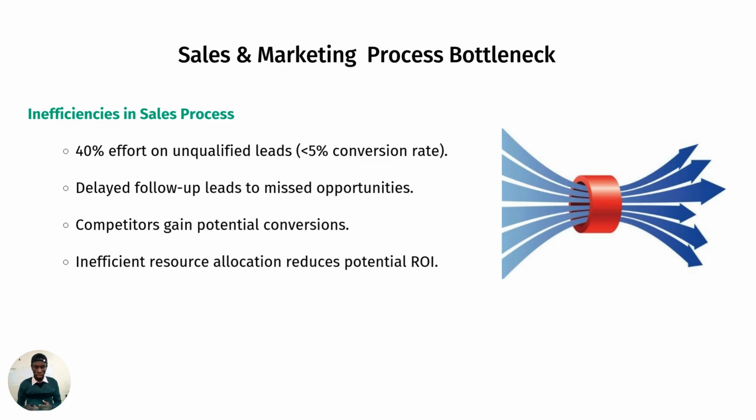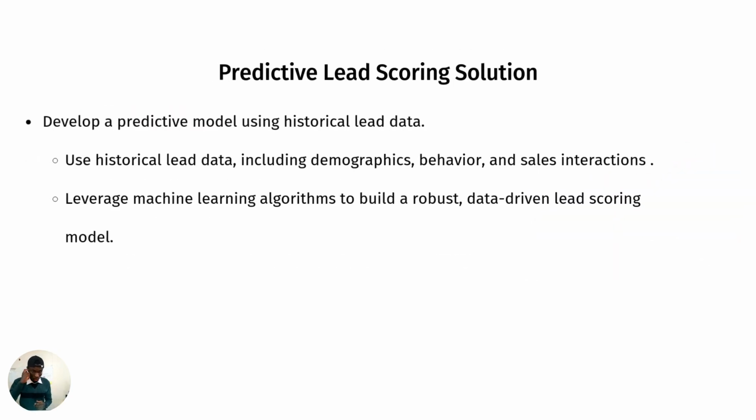Okay, so we are going to come up now with a predictive lead scoring solution to sort these leads into different categories, because depending on the probability of conversion, we're going to allocate different types of resources or pursue those prospective students differently.